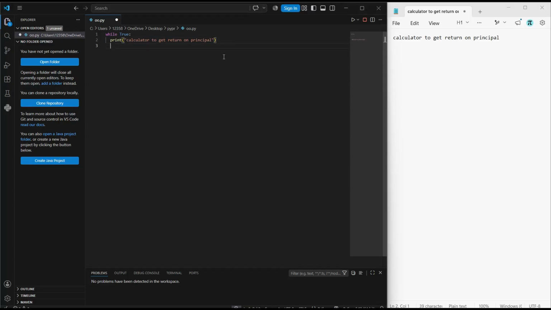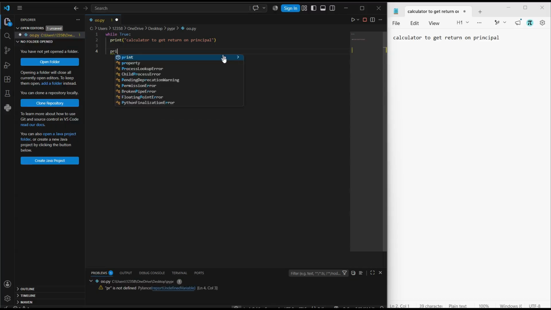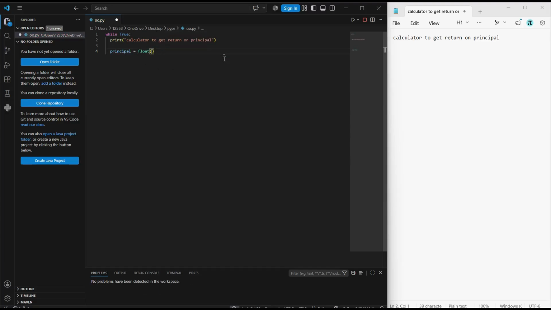Okay, after that we need to make a variable that contains the principal amount from the user. So principal, float value. If you have an understanding of mathematics, then you can understand float. Float basically represents a value, a number in decimal form.